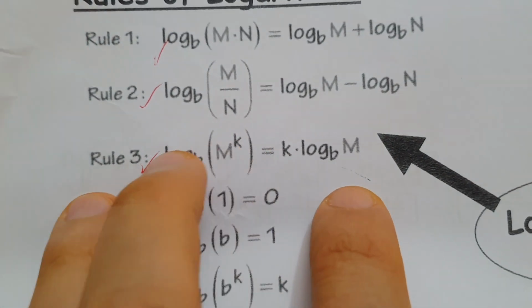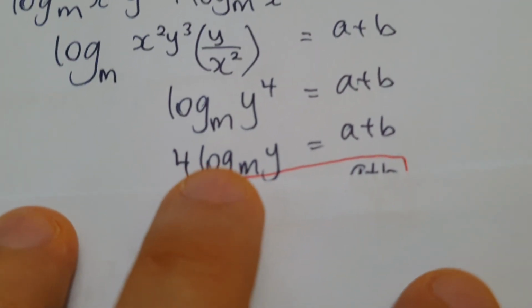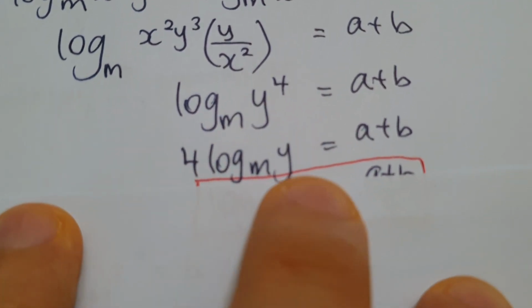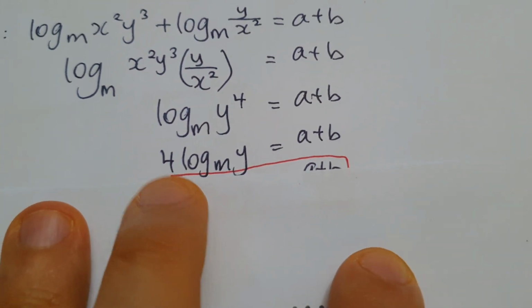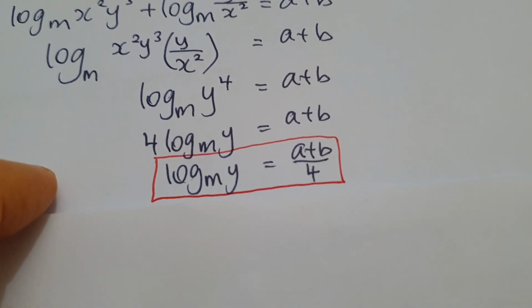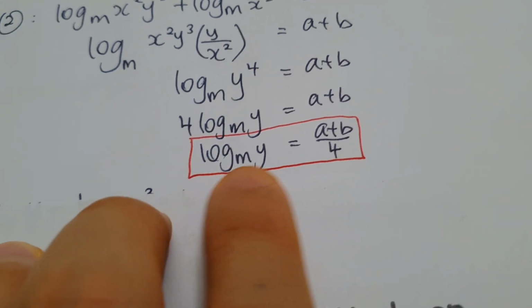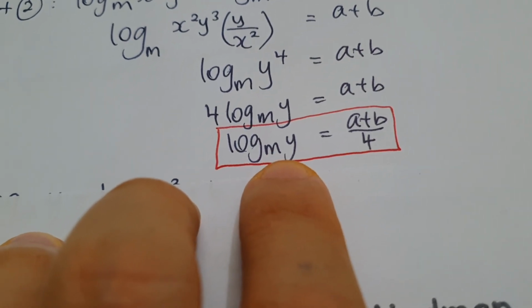Throw down the power and then I get this. Throw down this power here, and because 4 is just a constant, I can divide both sides by 4, and that is the very important log y to base m that I want.